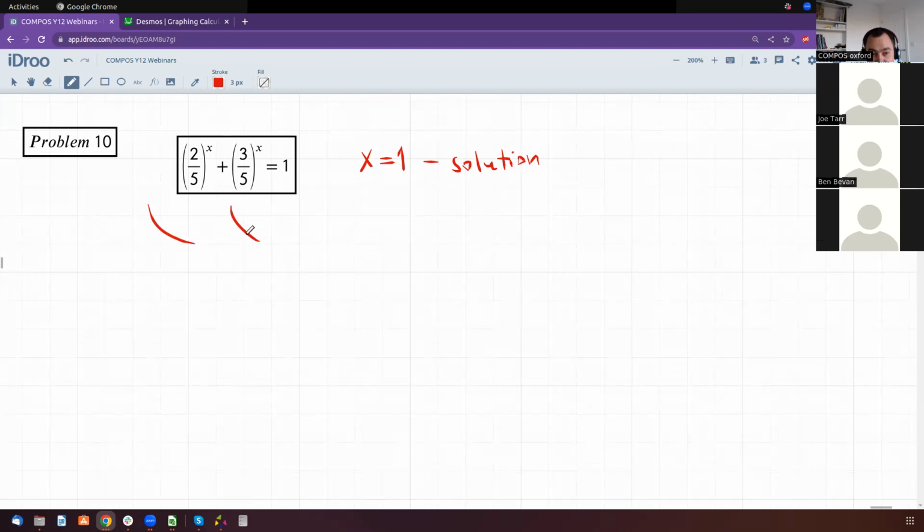Two decaying exponents added will produce a decaying exponent. So this function is a monotonic decreasing function.